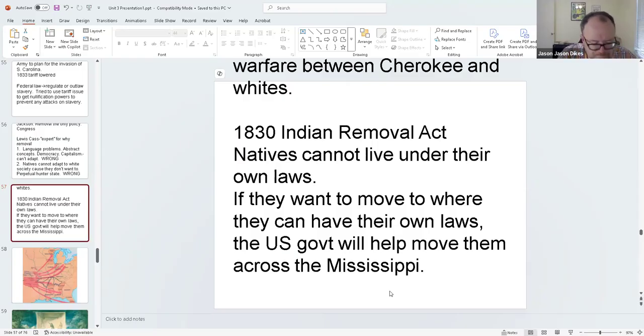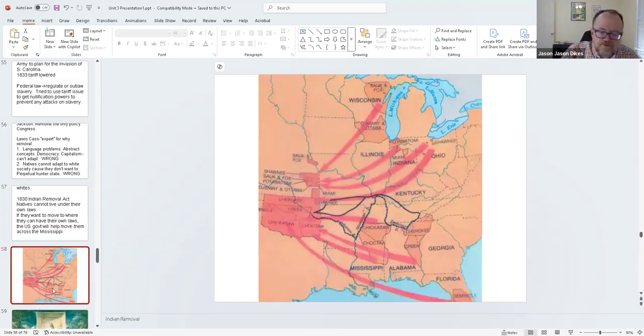You can see Indian removal here from 1830 to 1838, affecting these tribes, but also the Seminole, the Shawnee, Miami, Potawatomi, and some of these tribes still up here in the Great Lakes.